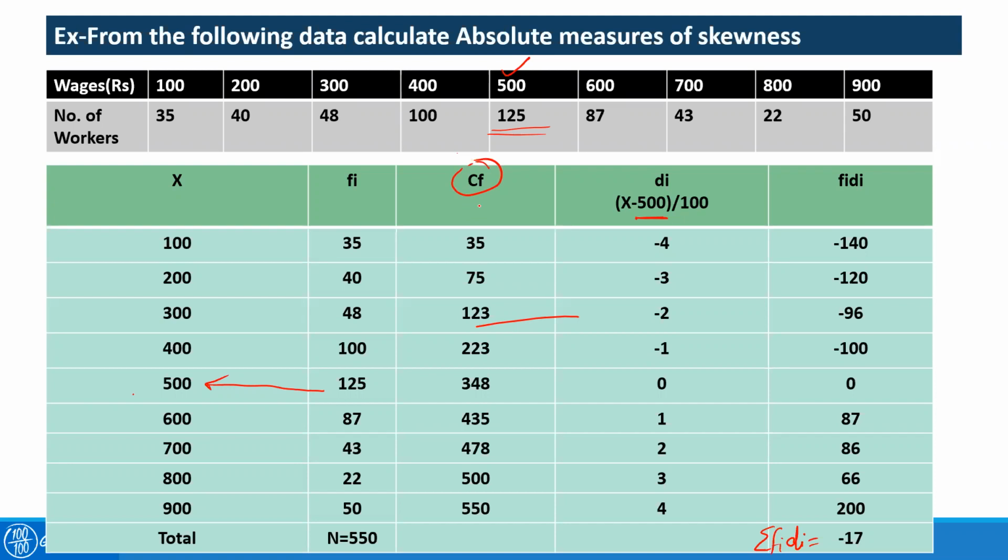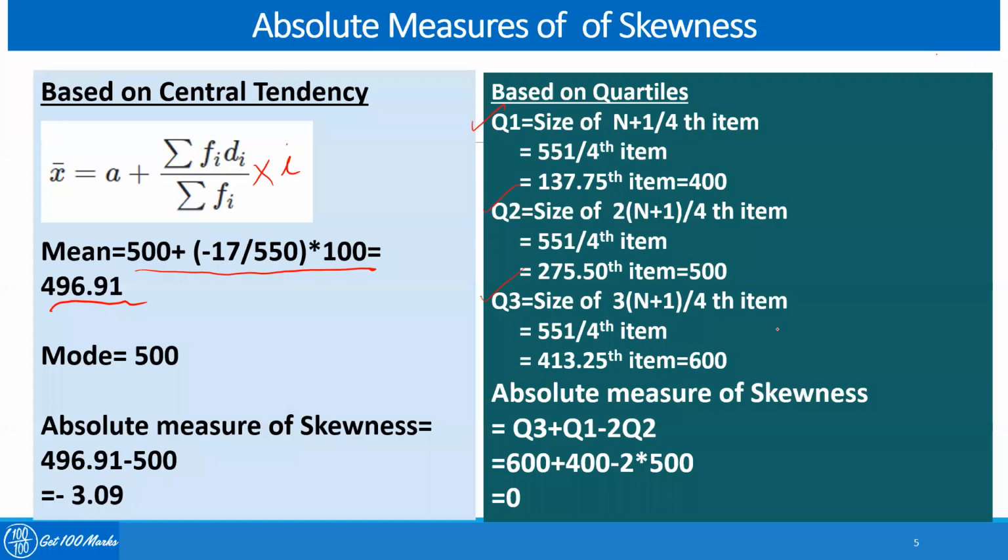So the cumulative frequency of the first one is 35, 35 plus 40 is 75, 75 plus 48 is 123, 123 plus 100 is 223. In a similar way we follow, and we get the last cumulative frequency as 550, which is actually your total frequency.